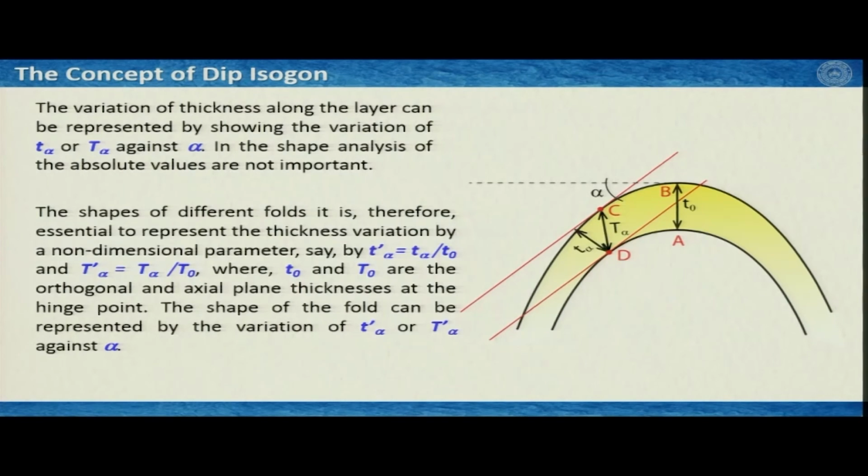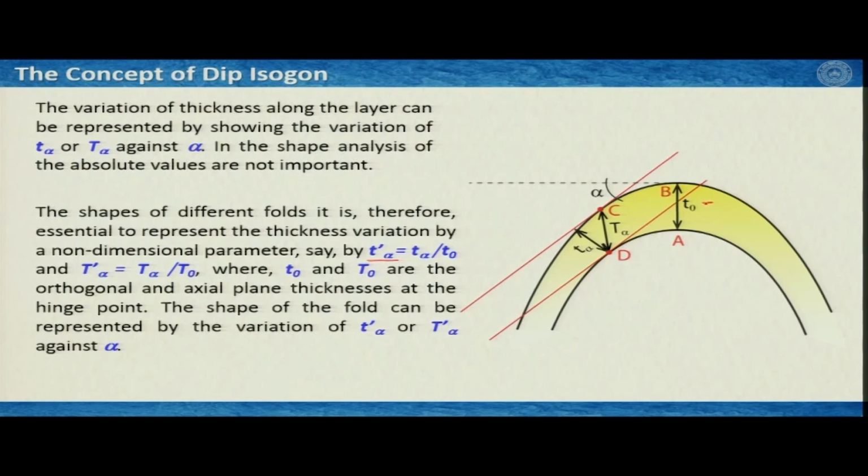So, I can define a term t prime alpha, which is the ratio of t alpha by t 0, or capital T prime alpha, which is equal to capital T alpha divided by capital T 0, where small t 0 and capital T 0 are the orthogonal and axial planar thickness at the hinge point.